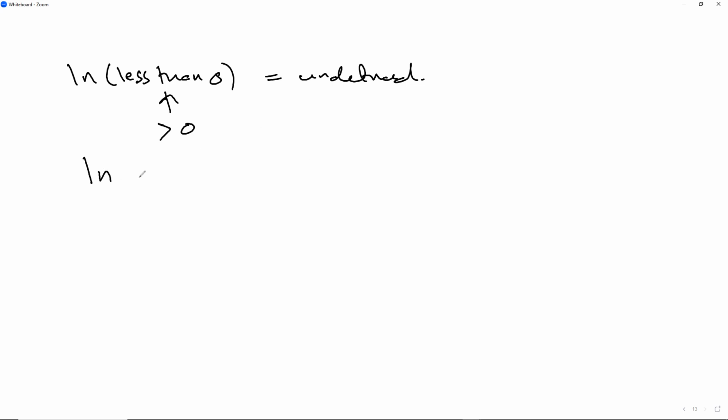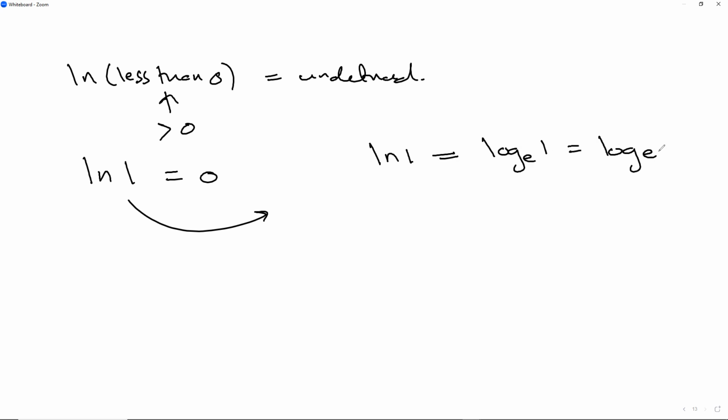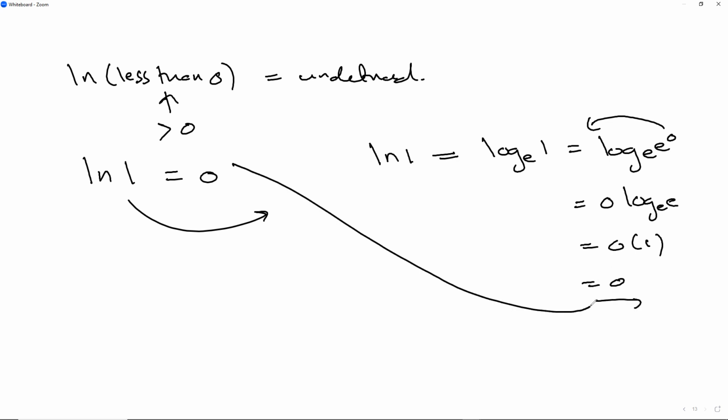The next thing is we've got ln of 1 is equal to 0. And how do we solve that? Remember, ln of 1 implies log base e of 1, which implies log base e of e to the power 0, which means, using the power rule, 0 times log base e of e, which implies 0 times 1, which implies 0. And that's how we go back there.